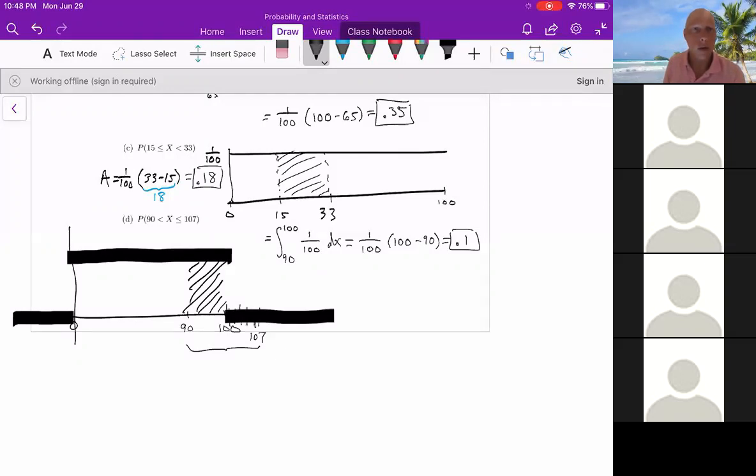We know that the whole 100% of the area is between 0 and 100, which means that the area outside of that interval has to be 0. And the only way for that to be true is for the PDF to be 0, or those thick black lines on the x-axis above 100 and below 0.